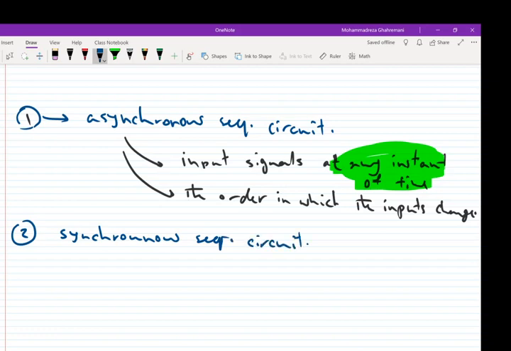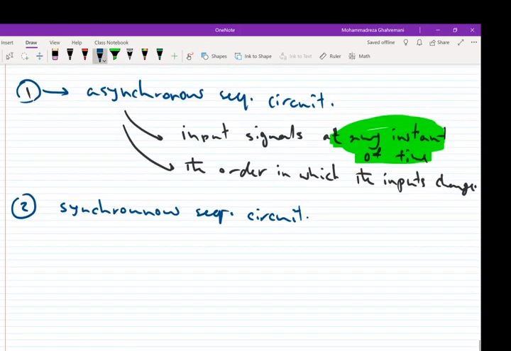Okay, so the output can be determined or depends on the value of the inputs or signals of the inputs at discrete instance of time.